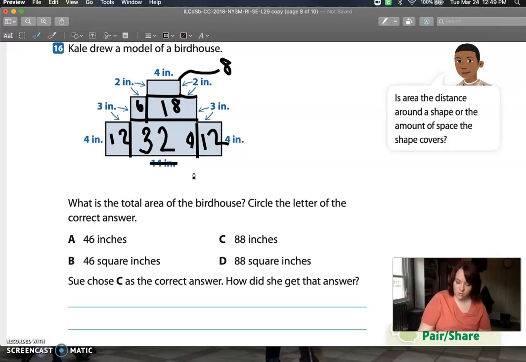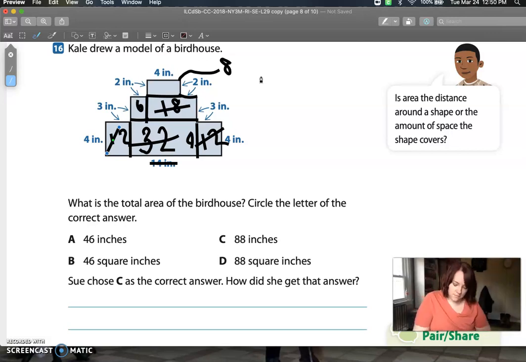Now we have 74 left. Now I've crossed out my 18. I've crossed out my 32. I've crossed out my 12. I've crossed out my other 12. And now I only have 6 and 8 left. So let's do 74 plus 8. 8 plus 4 is 12. Carry the 1. 7 plus 1 is 8.